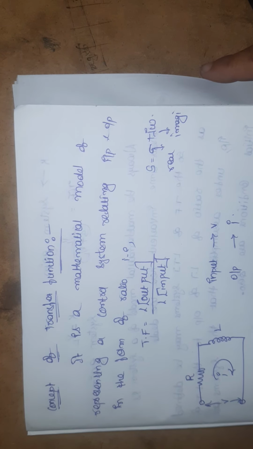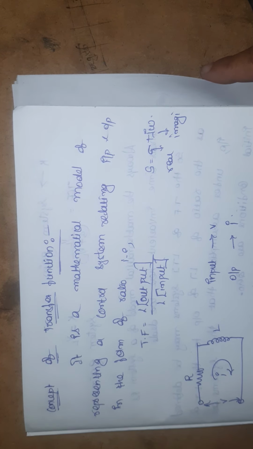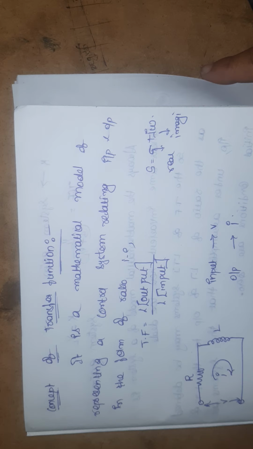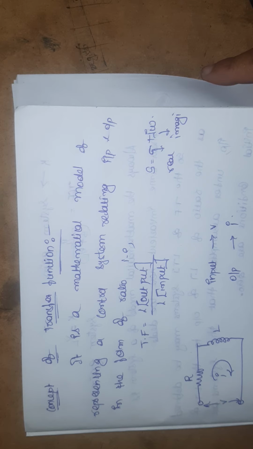So now I am going to discuss the concept of transfer function. The definition is, it is a mathematical model of representing a control system relating input and output in the form of a ratio.